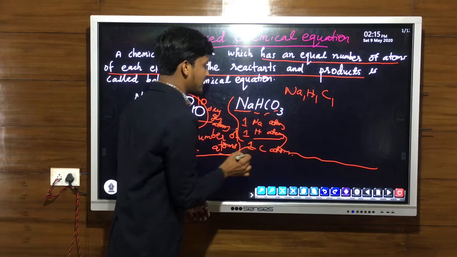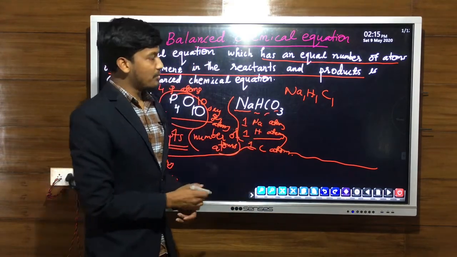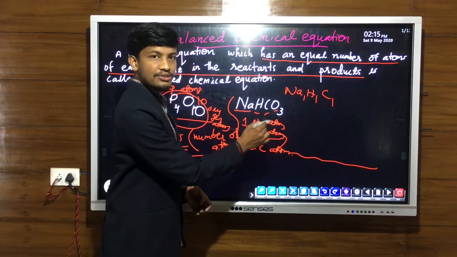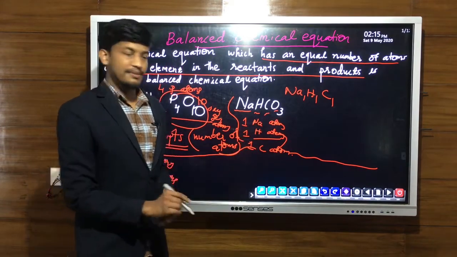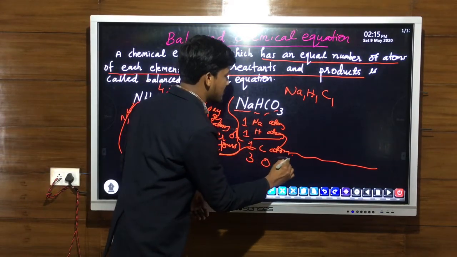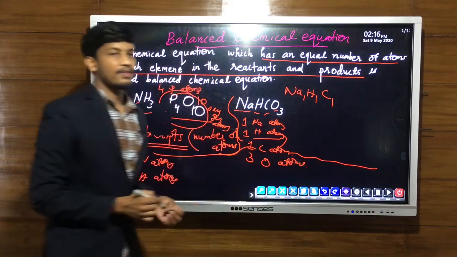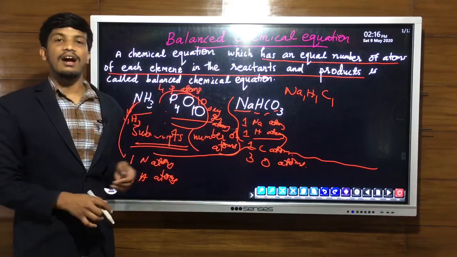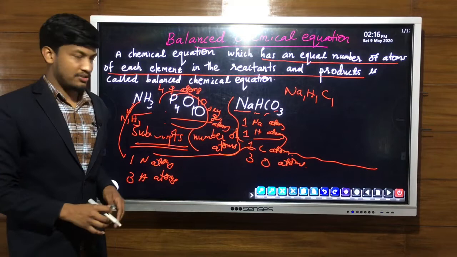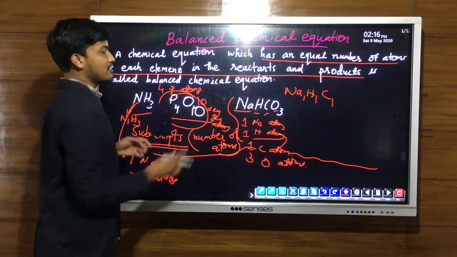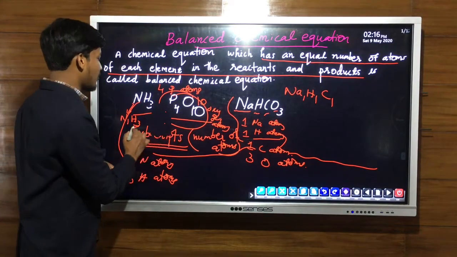And the last one is oxygen, O. With oxygen we have 3. The subscript of oxygen is 3. It means there are 3 oxygen atoms. Like this we can count the number of atoms of any compound. These numbers which appear are called subscripts.